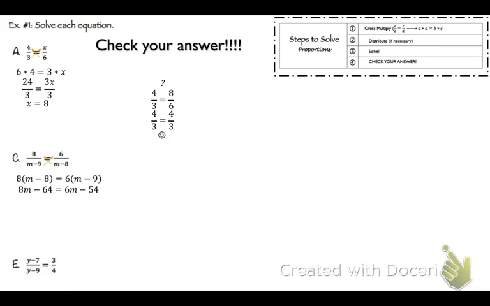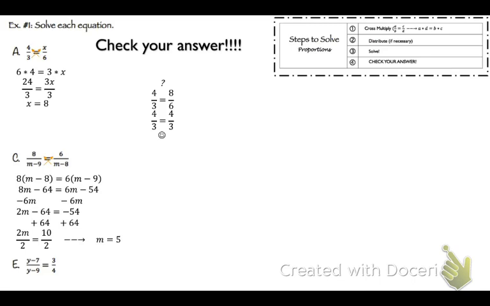Now I'm going to solve. I'm going to get all my variables to one side, all my numbers to the other side. So I'm going to subtract the 6m to move it over to the left. So 8m minus 6m is 2m, then the minus 64, and that equals negative 54. Now I'm going to add that 64 over, and I get 2m equals 10, divide by 2, and you get m equals 5.